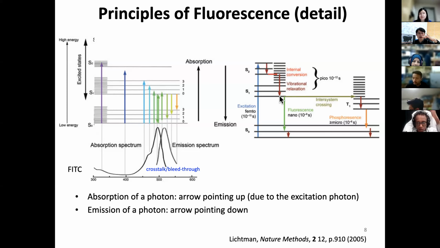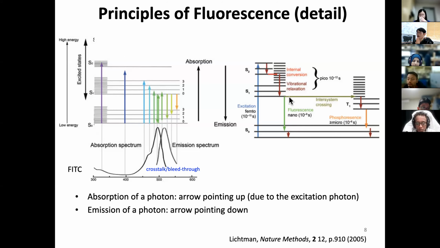You stay here for a very long time, nanosecond order, and then you drop down, giving us fluorescence. So that is nanosecond. You want to remember this is the fluorescence lifetime. Of all these processes, the dominant time bottleneck is fluorescence, which is on the nanosecond order.